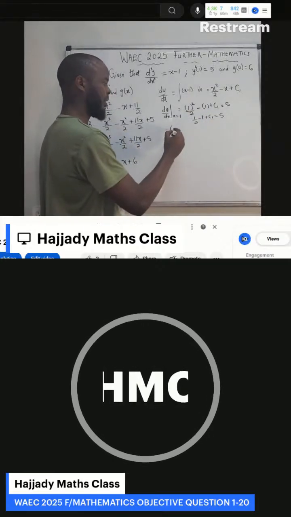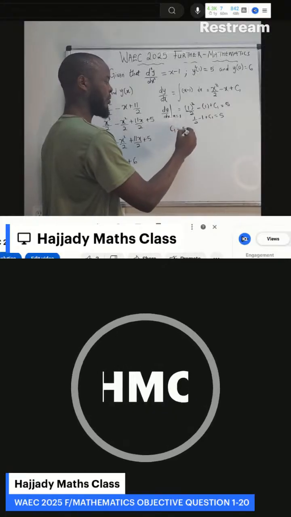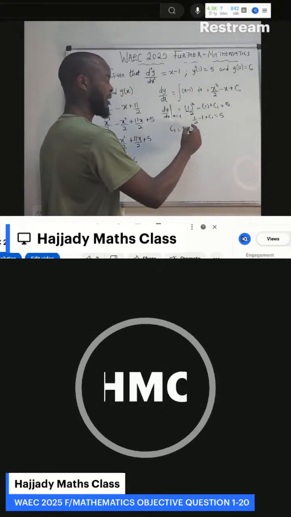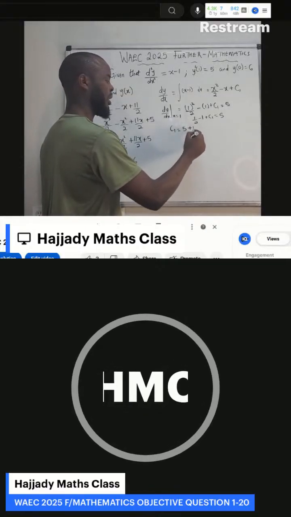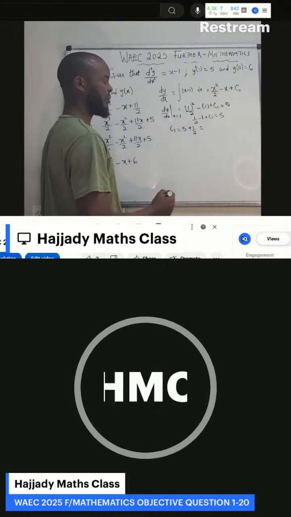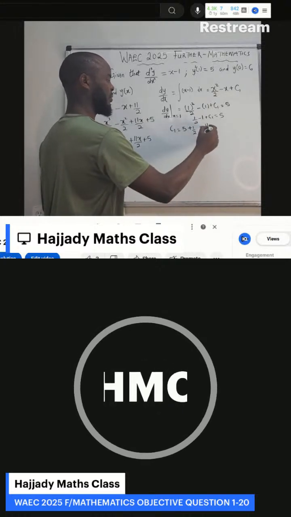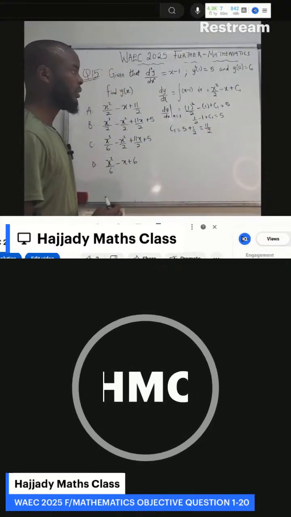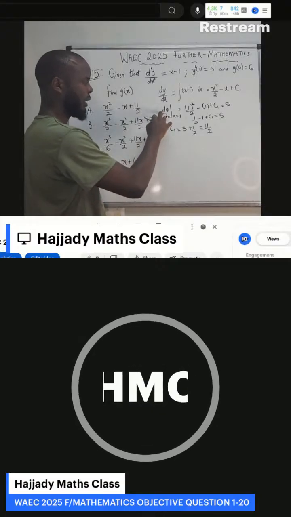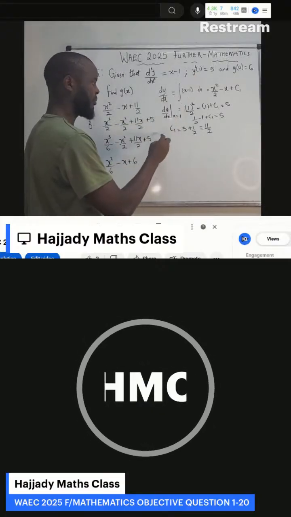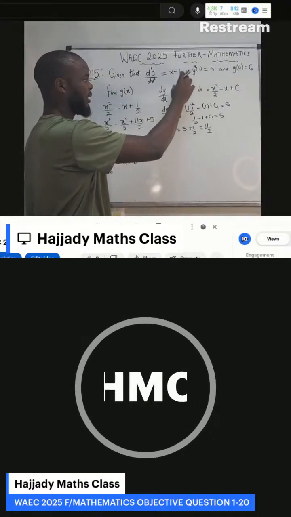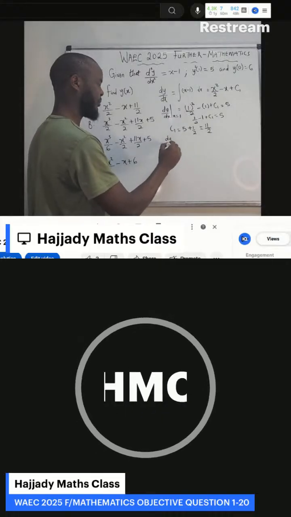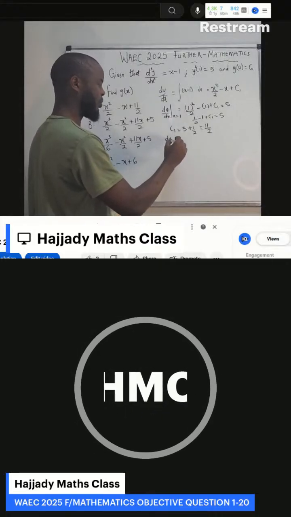To get c1, half minus 1 is negative half. If you move it to the other side, it's going to be plus half. So c1 is the same thing as saying 11 over 2. That is c1. So the y prime, when you plug this in, your first derivative is just going to be this equation when x equals 1.